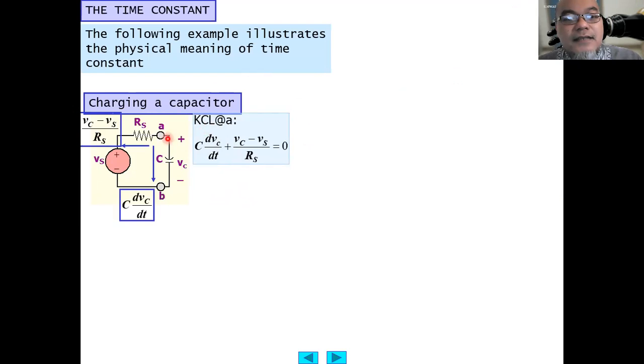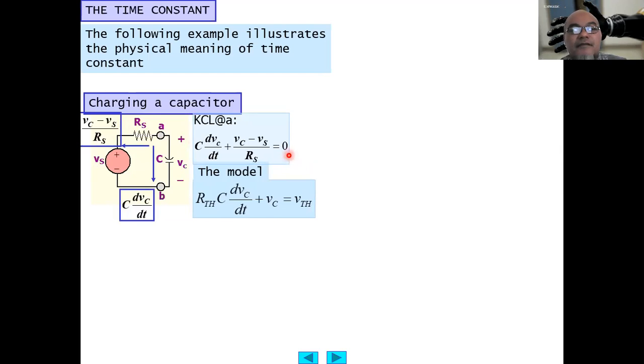Okay, KCL at this point A: C dvc/dt, and the sum of all currents going out from the node equals 0, remember? So C dvc/dt plus (VC minus VS) divided by RS equals 0, since VA here equals VC.